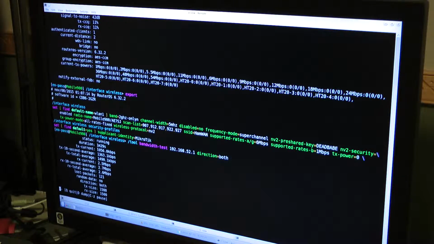Okay, so we're transmitting 1 megabit, 1.5 megabit, receiving 2.8 megabit. Now remember, we're on this station here, we're receiving more from that access point because of the higher power level.